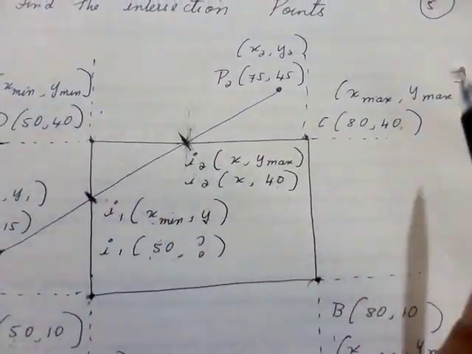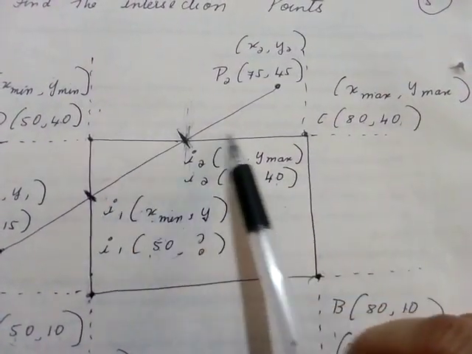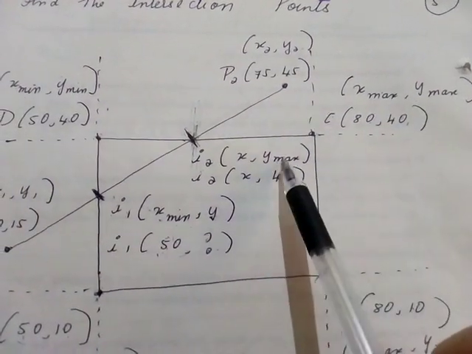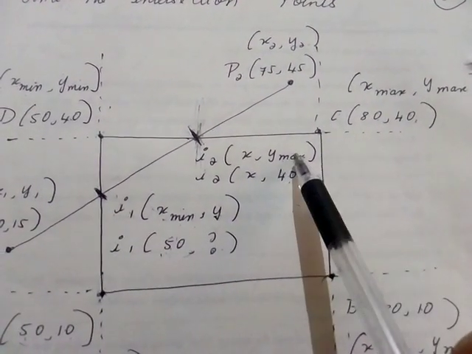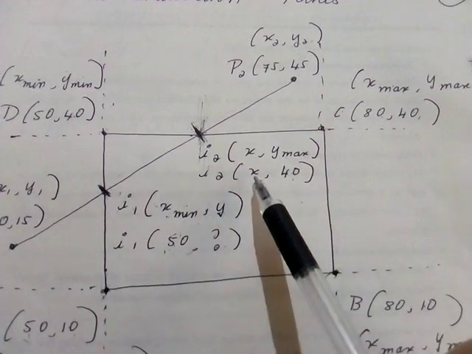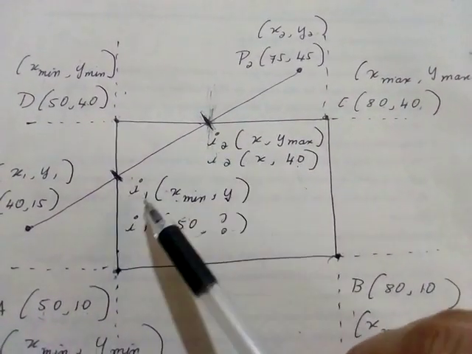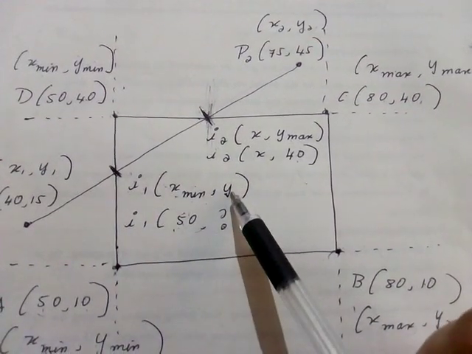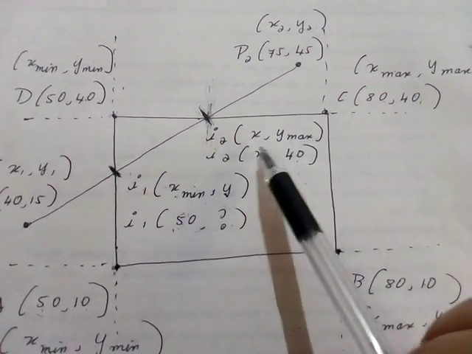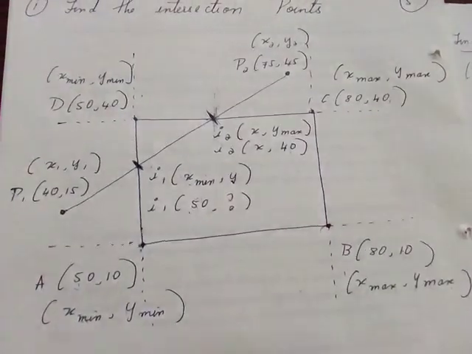Don't take Y minimum, take Y maximum, because for this line you have to consider Y maximum. We have to find X. So we have to find Y in I1, and X in I2.